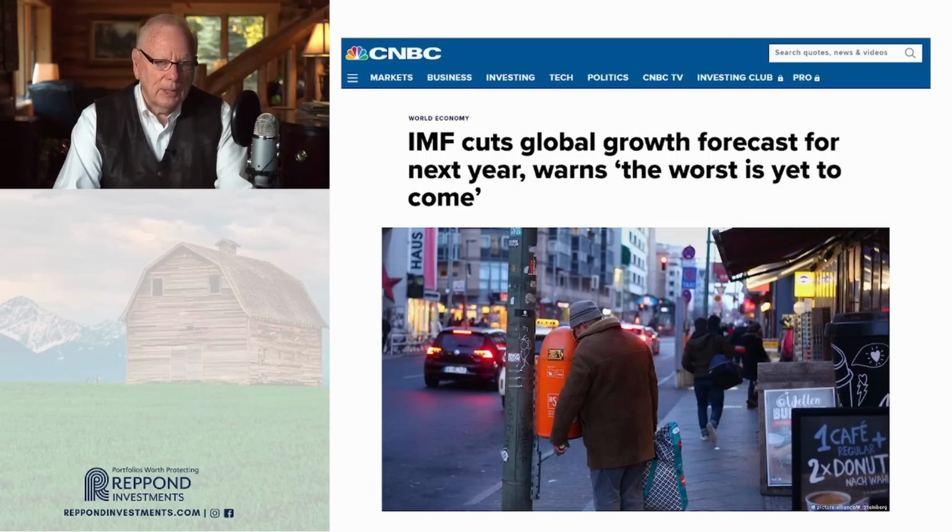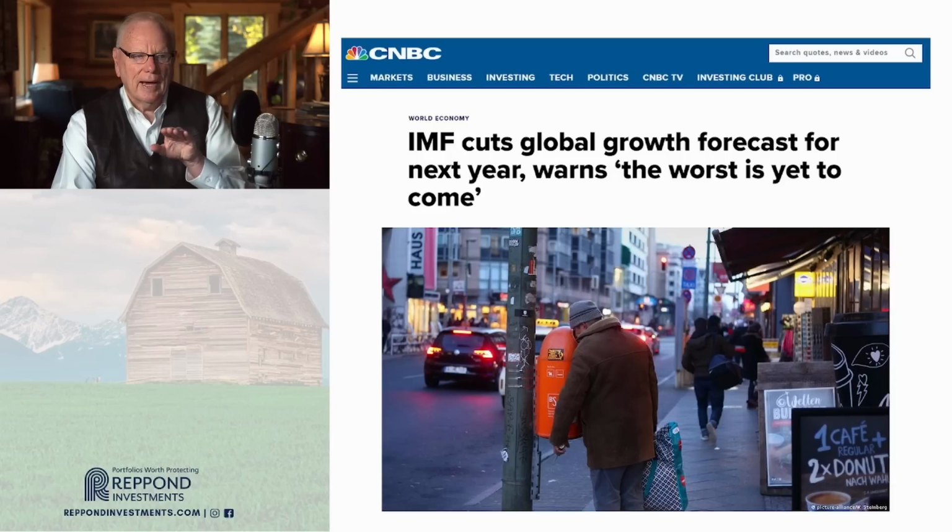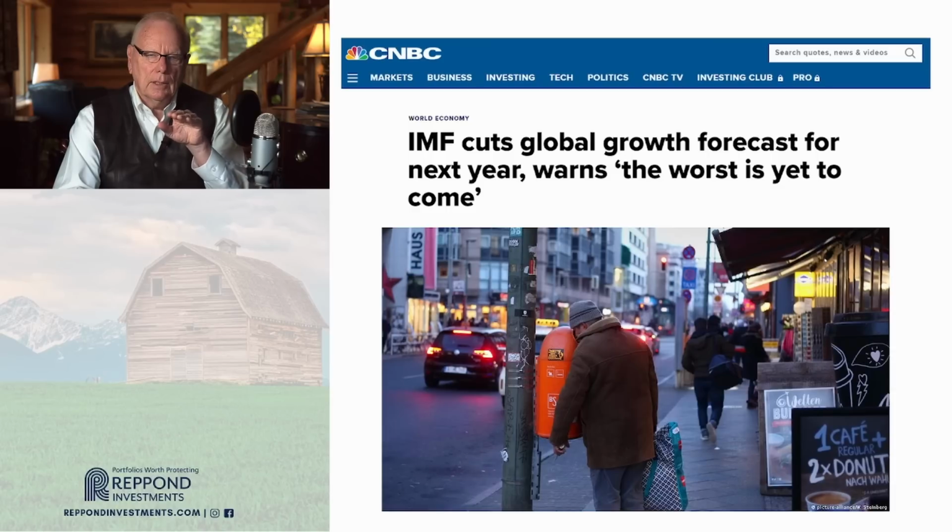Now, there are a lot of people, maybe Dr. El-Erian and Jamie Dimon, who would say the worst is yet to come, but when the chief economist of the International Monetary Fund says that, based on the fact that they have cut their forecast, it means they believe some parts of the economy are going into contraction, and he says a third of the economy will go into contraction. That means negative growth. That means going backwards, however you want to say it.